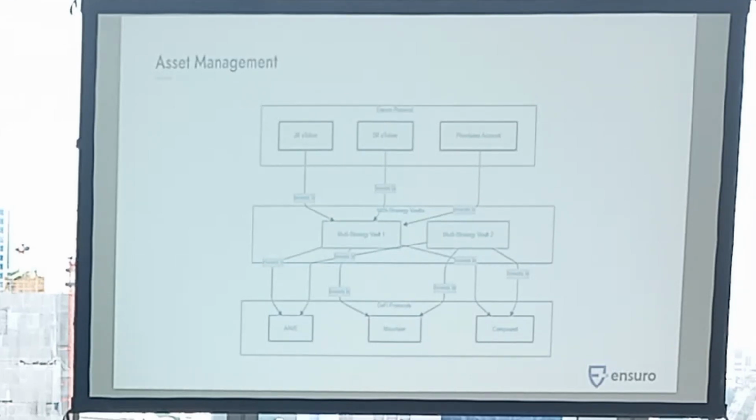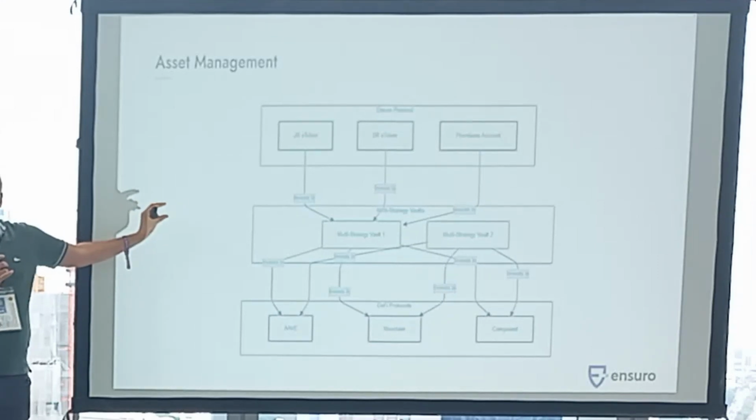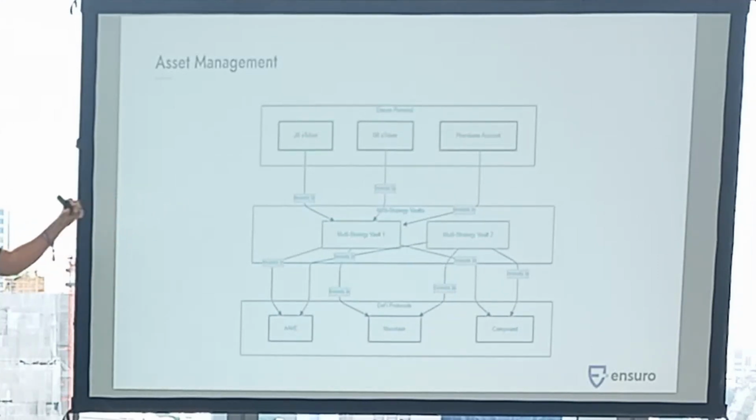Each of the e-tokens, and each of the premiums accounts, is a reserve with its own amount of capital, but they all invest that capital into an intermediate contract, a multi-strategy vault, that then deploys the funds into several protocols.